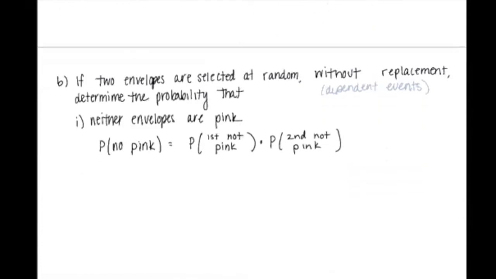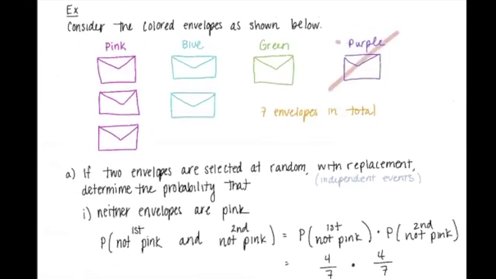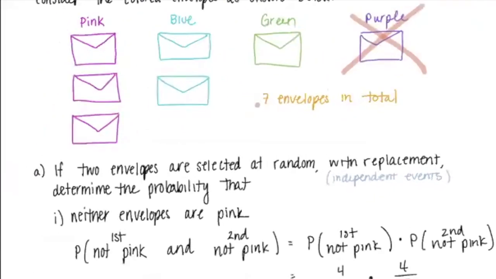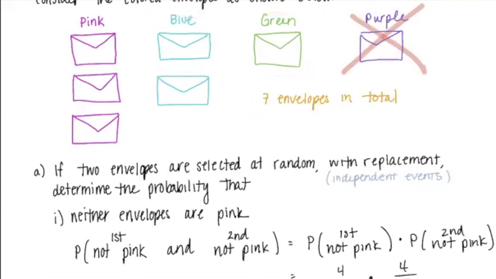So this first probability is 4 out of 7. For my second draw now, I have a bit of a problem. So going back up here, I've picked one of these envelopes. Doesn't matter which one I've crossed out. I no longer have 7. I've got 6 envelopes to choose from, 3 of which are not pink. So my probability is changing for the second one. I have a 3 out of 6 chance of getting something that is not pink.